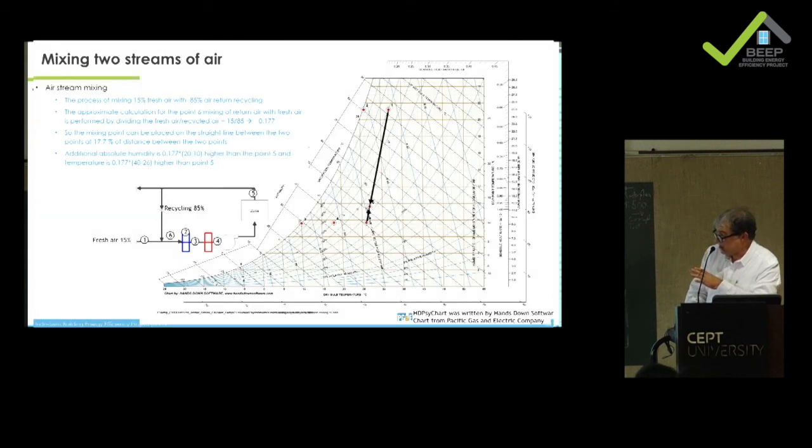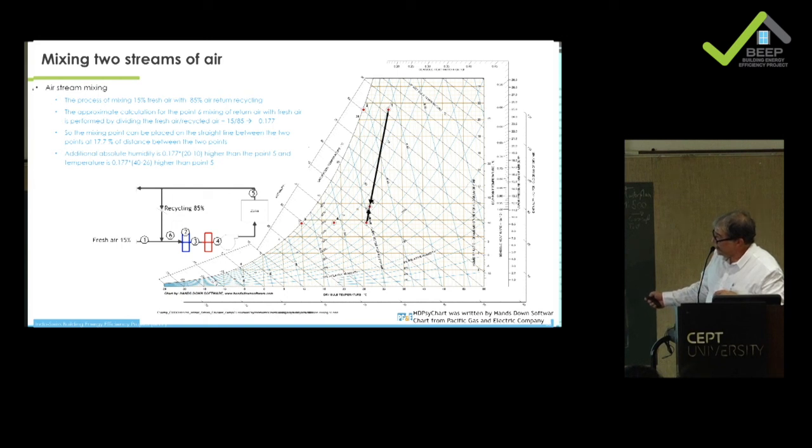So the trick in a mixing stream is that, let's say now you are going to mix, you say I'm recycling 85% of the air from this point, and I try to go here. So actually, if I have 85% of recycling and 15% fresh air, it's quite easy.